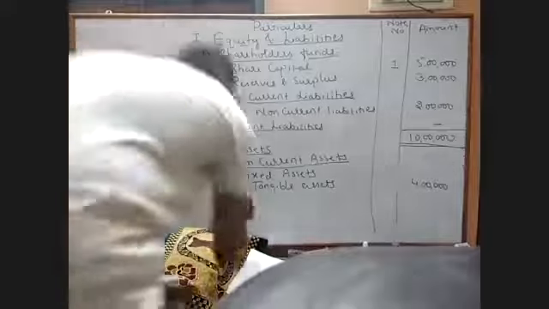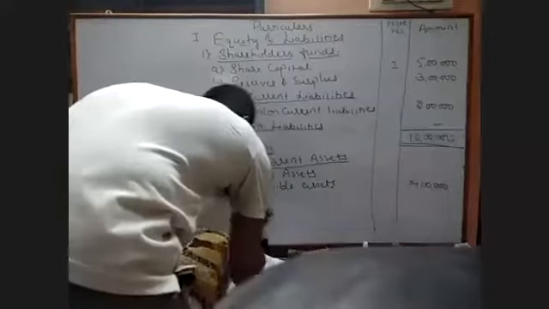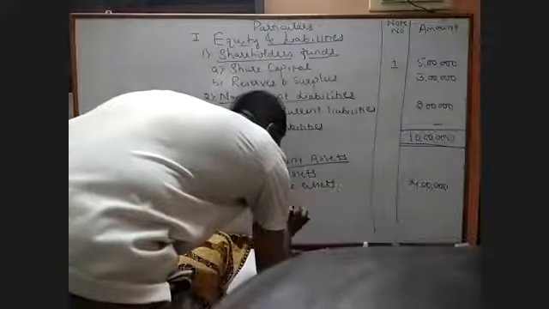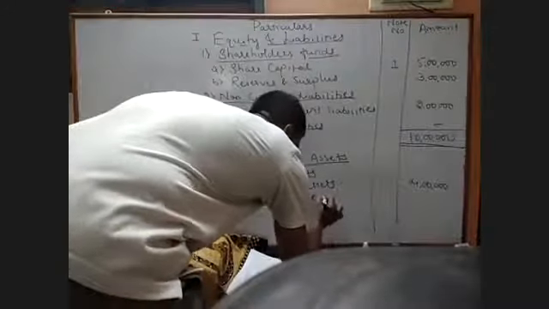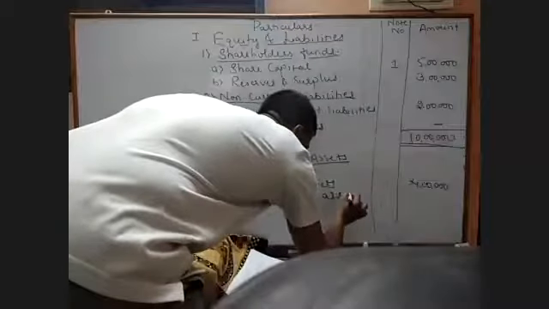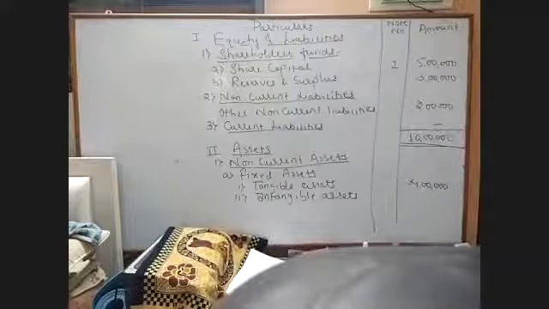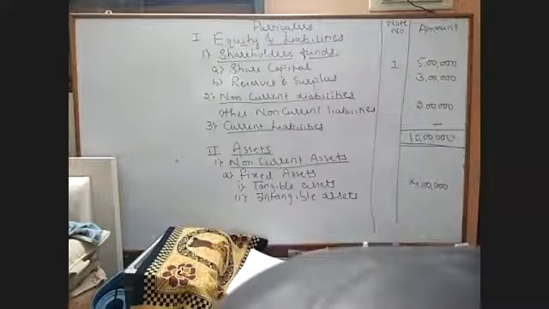And the next is small Roman 2, that is intangible assets. And the value of intangible assets is 2,50,000.